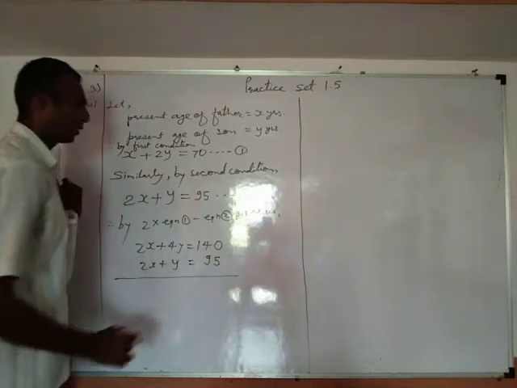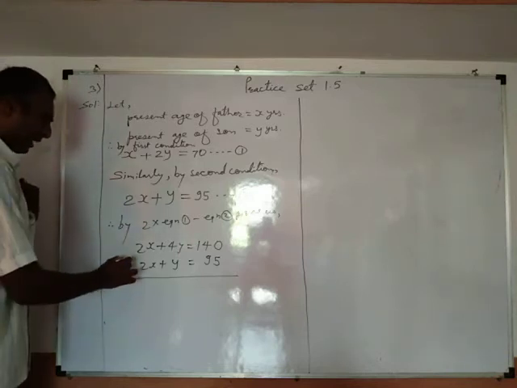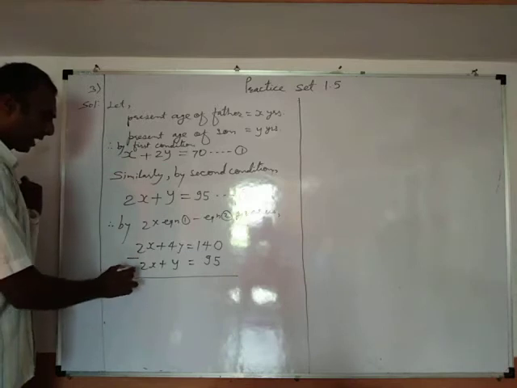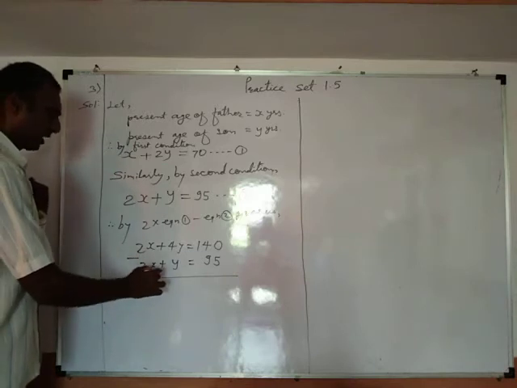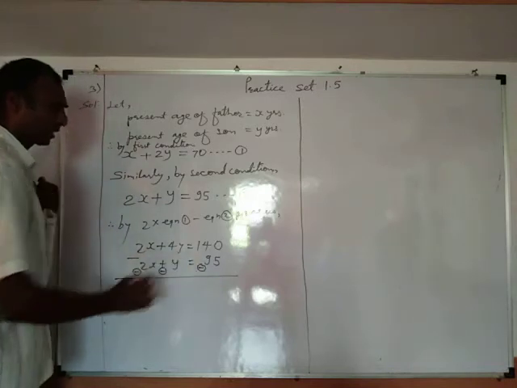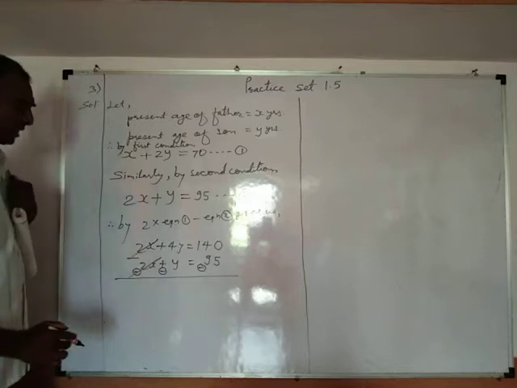As we have decided to subtract equation second from the resultant equation, sign of subtraction should be in between these two equations, and due to this sign of subtraction, plus will become minus of every term of second equation. Okay, now 2x minus 2x will vanish each other.